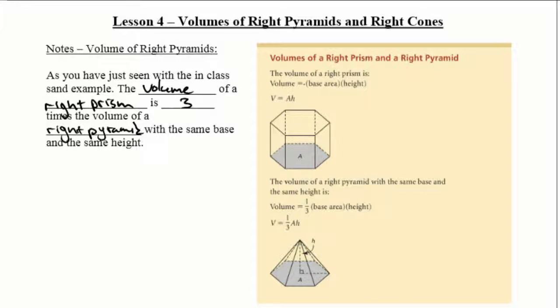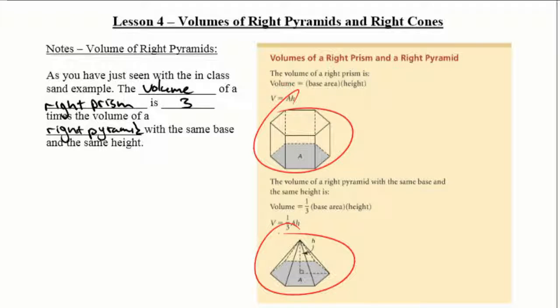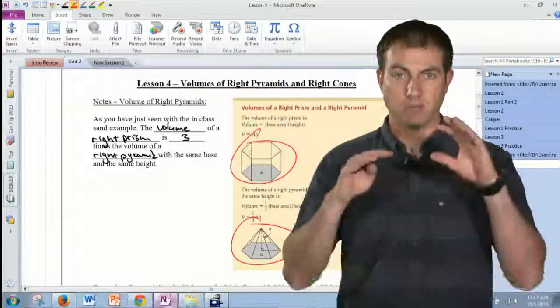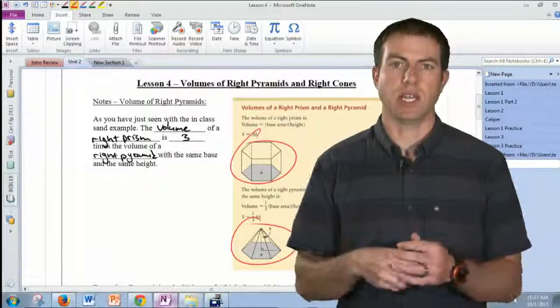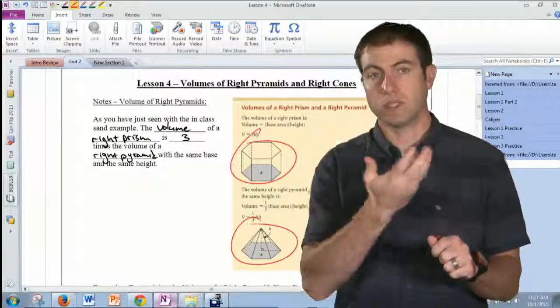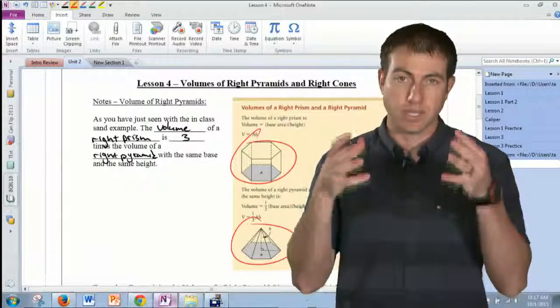So you can see what I'm talking about here is this shape and this shape. Basically the volume, if you imagine when we're talking about volume, it'd be like filling it up with water or sand or something. That's the volume, how much stuff goes in the inside. Remember, the surface area is the outside. If you were to maybe paint it, what's the surface area? The volume is filling it up.